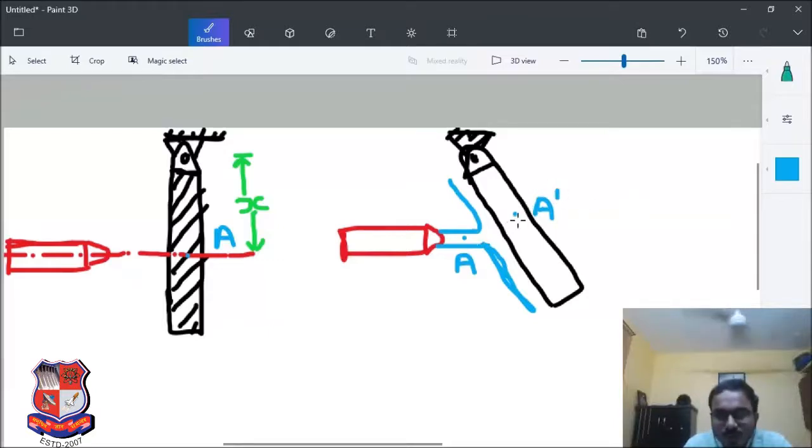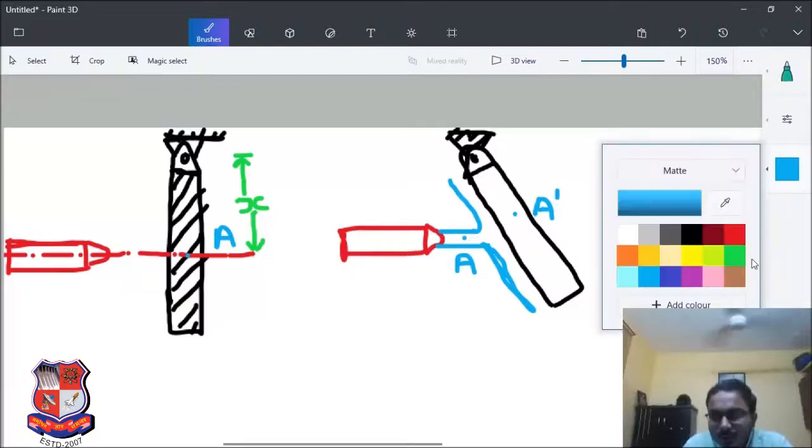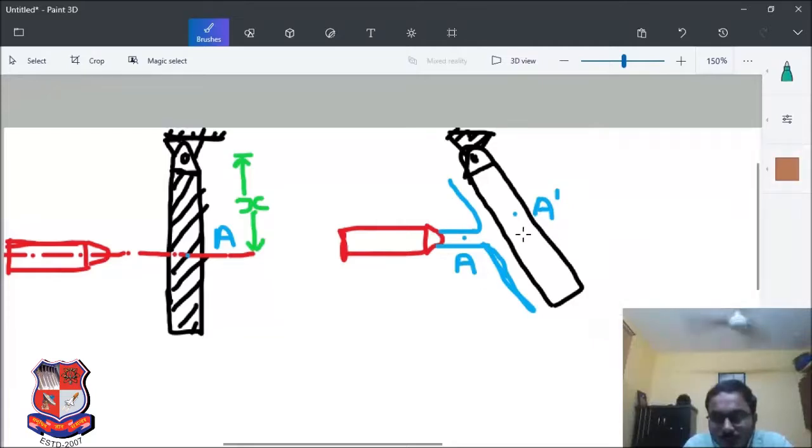So this is the new location of point A in the plate, and we can also take another point, let us say this point, which we will denote as point B. Okay, now we need to also see the angle.